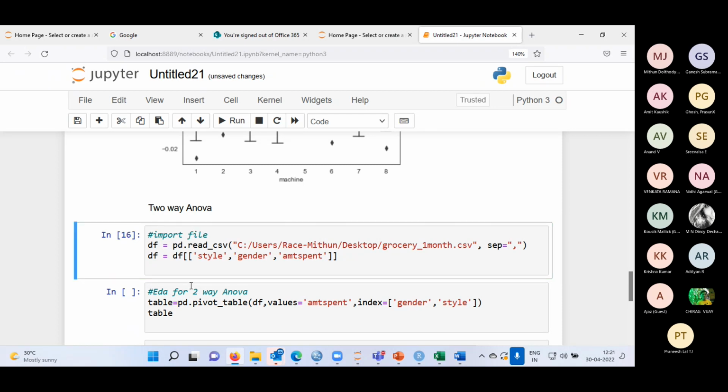Right. One way, the number 1 there is for one categorical variable. If you're comparing based on one categorical variable, use one-way ANOVA. If you have two categorical variables, it is called two-way ANOVA. If you have three categorical variables, it is called three-way ANOVA. Like this, you can have n number of variables, in which case it is called n-way ANOVA.